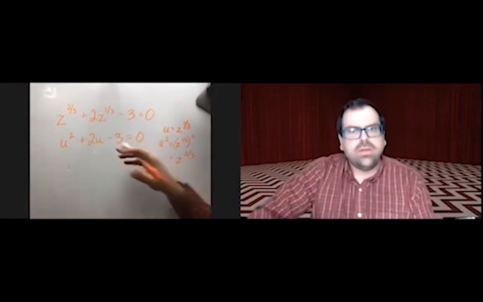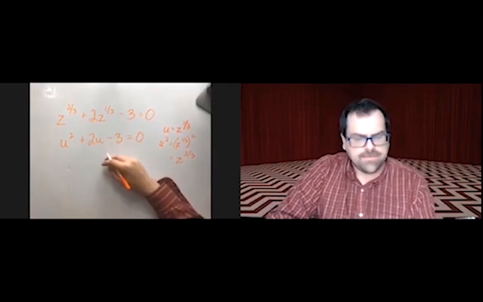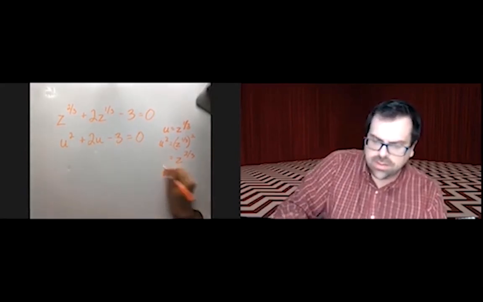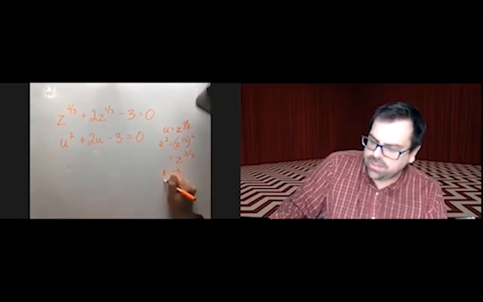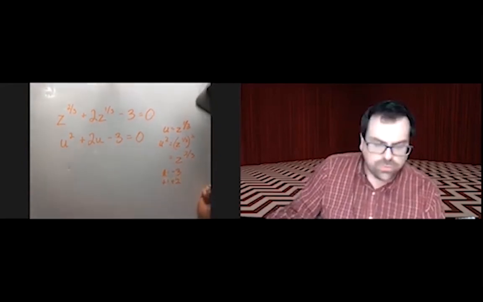And again, we can solve this. We can factor this. We need numbers that multiply to -3 and add to +2.